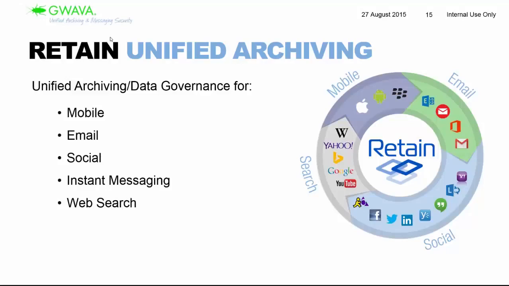If you want to add on the mobile module, it would be a nominal fee, but it is an additional module that you'd have to add on. The same goes for search and social. But since you've already purchased Retain, it's just a minimal add-on, and I could have your Guava representative reach out to give you an idea of what that would cost.